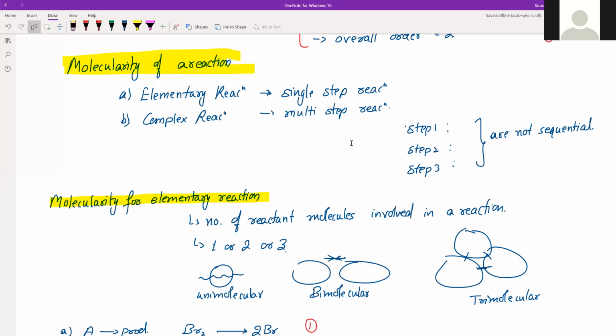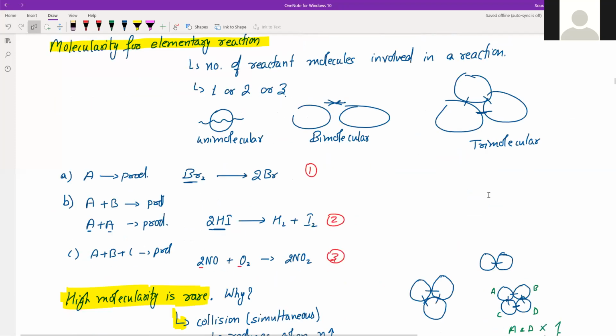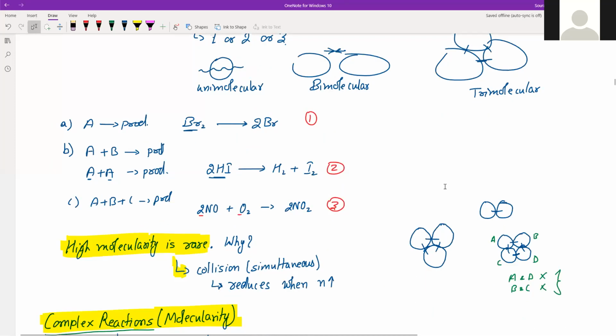Molecularity is the number of molecules colliding together in order to make that reaction progress. It can be unimolecular, bimolecular, trimolecular. Very rarely will molecularity be equal to 4.